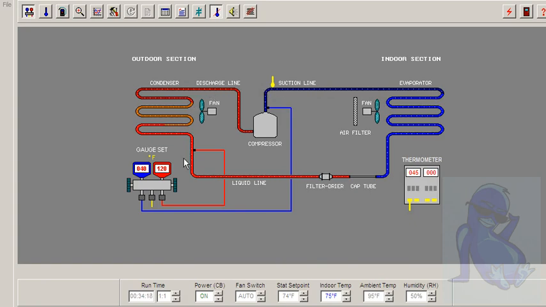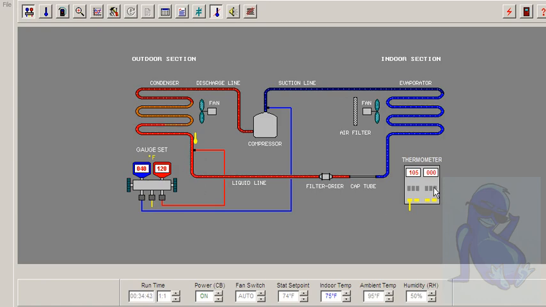What is our subcooling? When we take a temperature on the liquid line outside again at the condenser, this is the smaller of the two lines. Whatever that temperature is under the change of state in the condenser, that is your subcooling. So we'll put a thermometer on there.